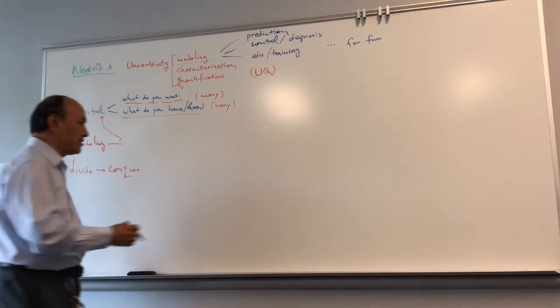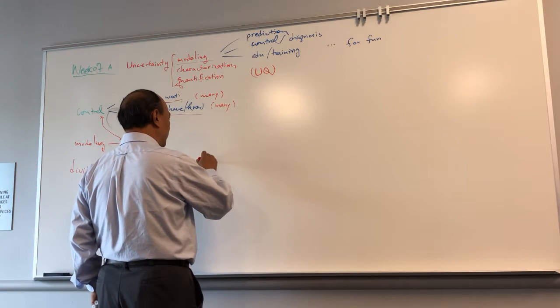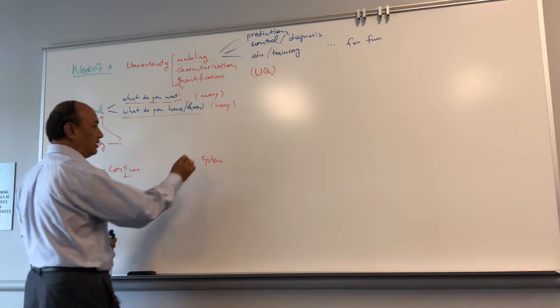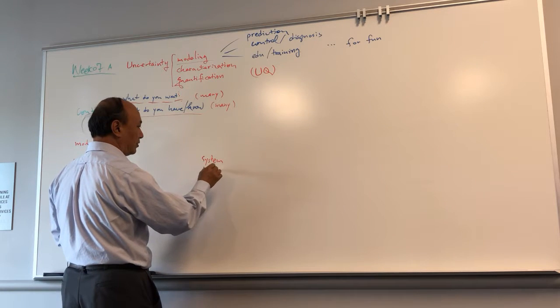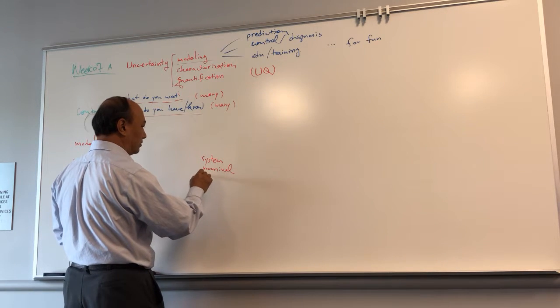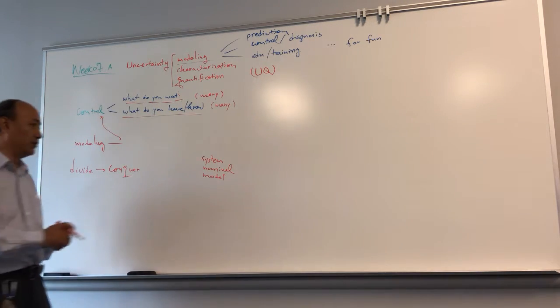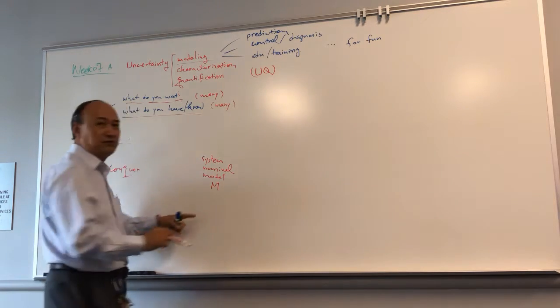Because if you have a system, and you have two parts, you have a nominal model that you know. We usually use this one in our book in the future.